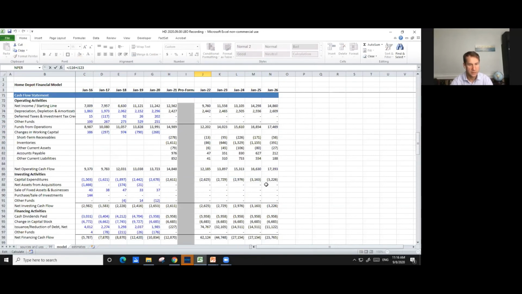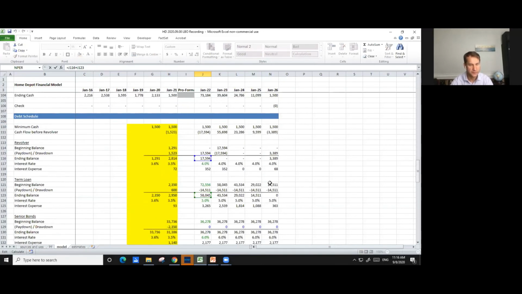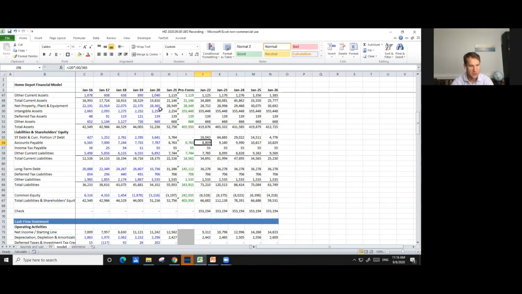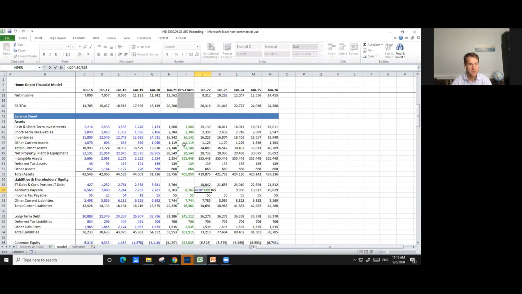Short-term debt and current portion of long-term debt. Let me just link it to revolver, and the other debt will be long-term. Accounts payables are fine. Income tax payable needs to be shifted to new pro forma.